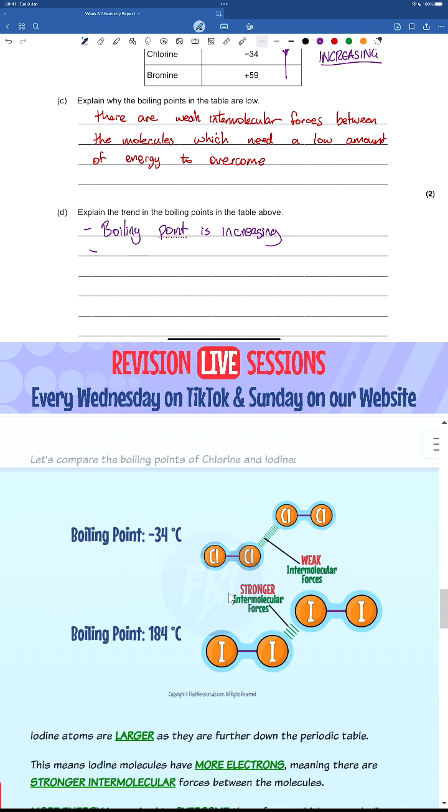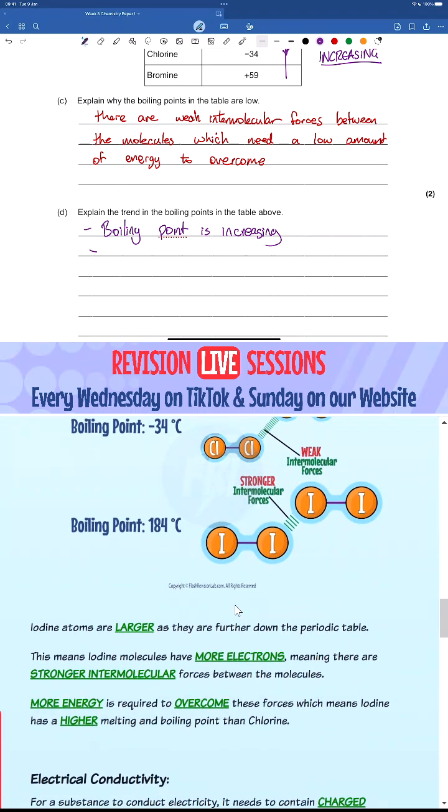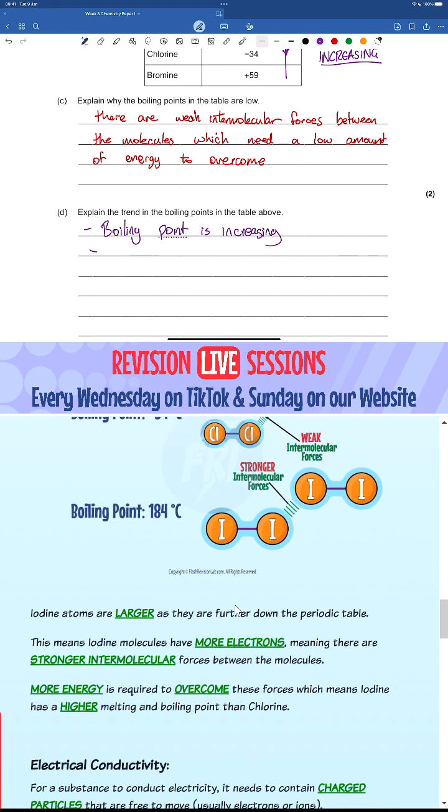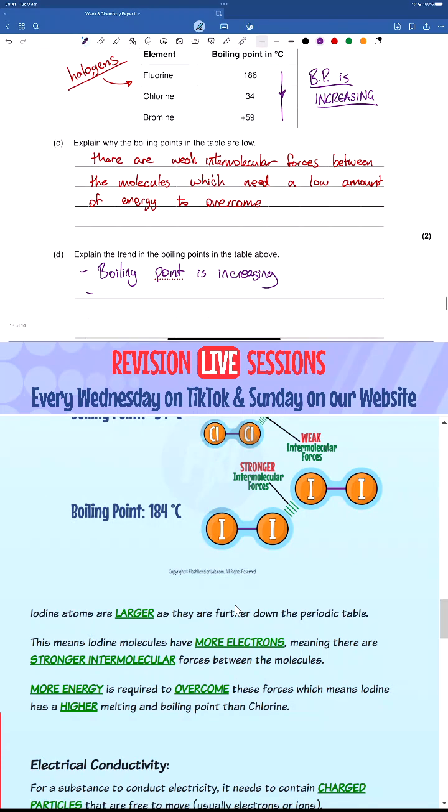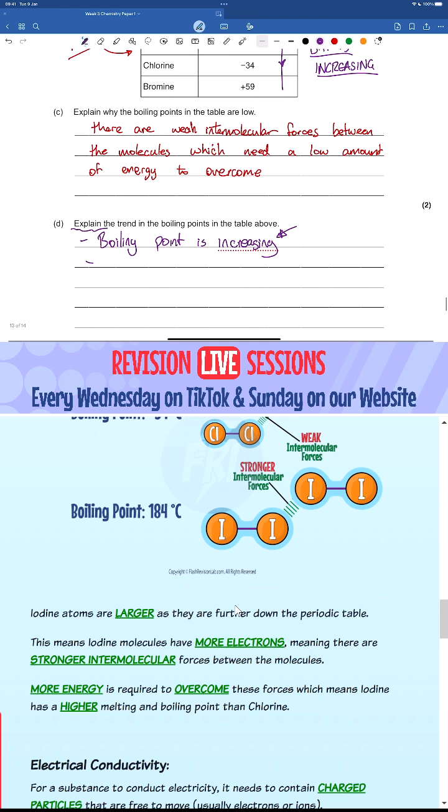So they have stronger intermolecular forces. Yes, well done guys. Everyone's saying the right answer here. So let's try and get those 3 marks. So boiling point is increasing. You don't actually get a mark for this. All the marks are for the explanation of it.